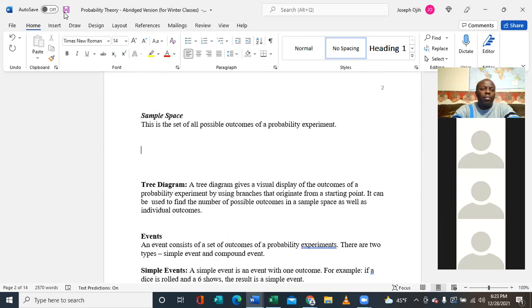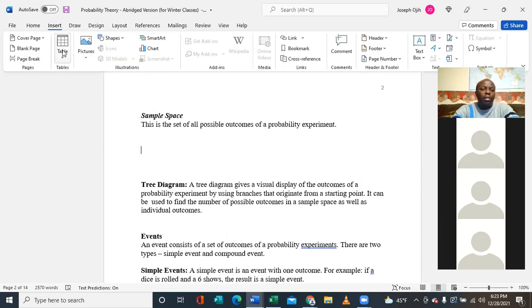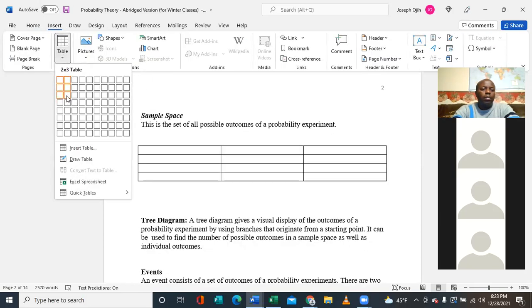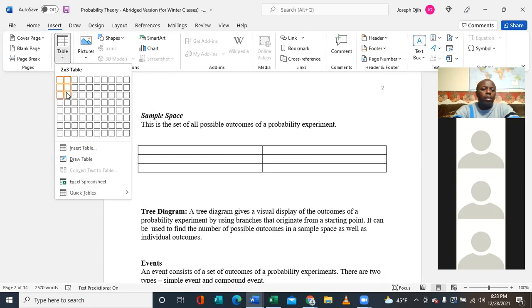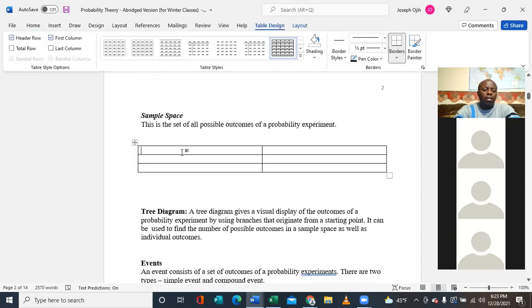So we have sample space. Let's say this is a probability experiment. Then all the possible outcomes form the sample space. Okay.